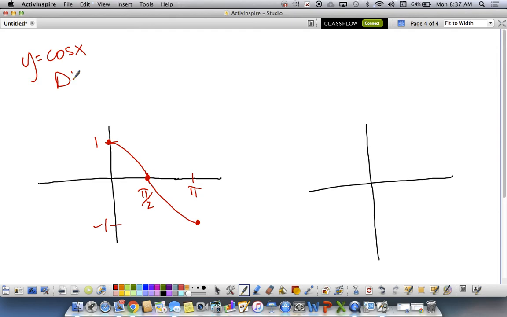Why would it be a bracket instead of a parenthesis? Because it equals the domain, our inputs. We go from 0 to pi. Does it equal each of those? Indeed it does. It's going to equal pi, and it's going to equal 0.